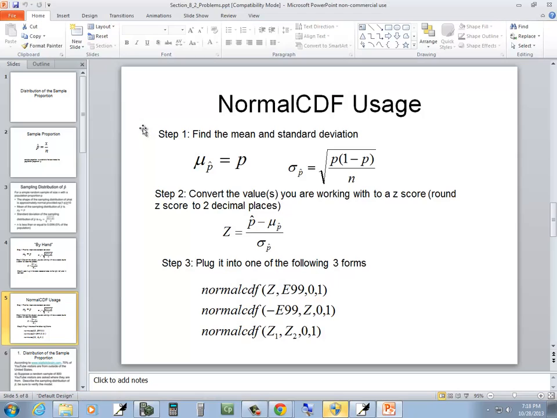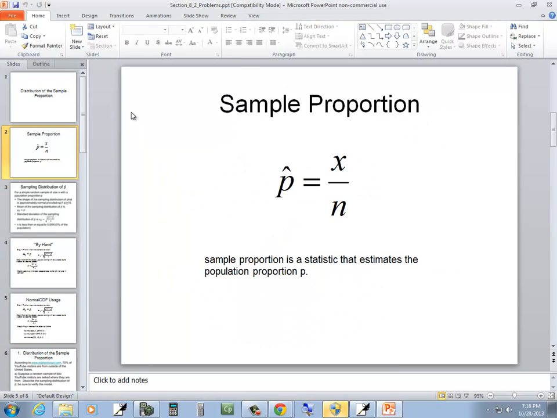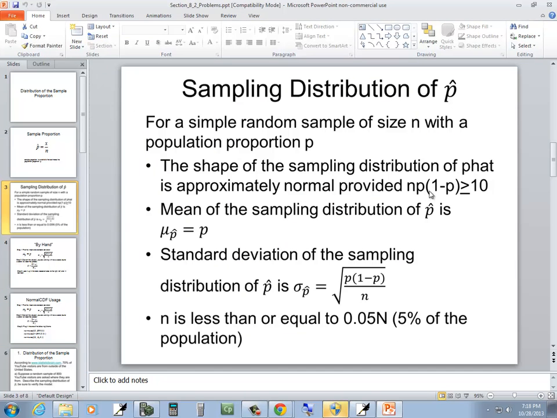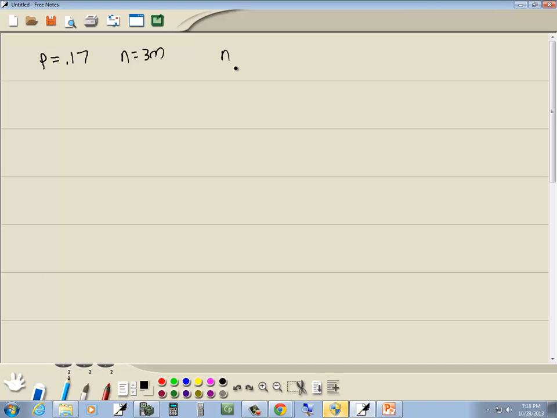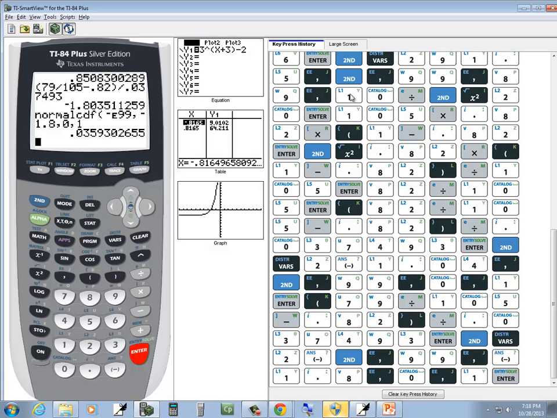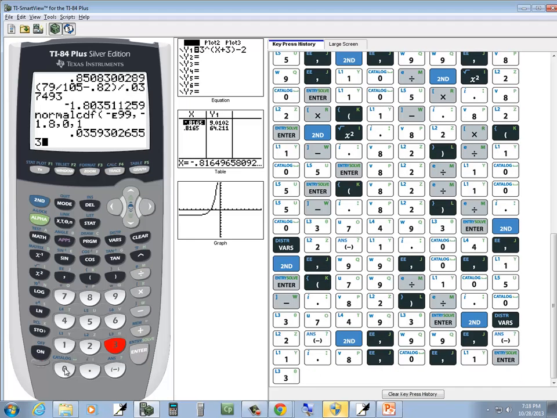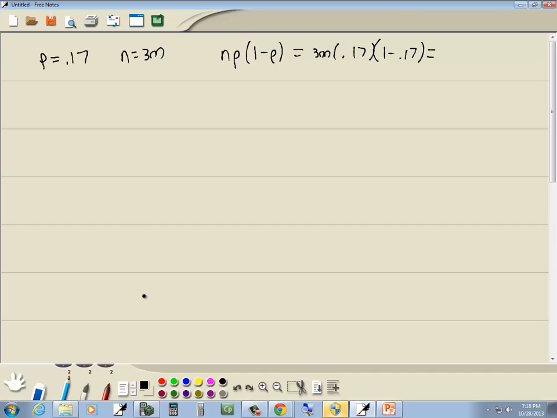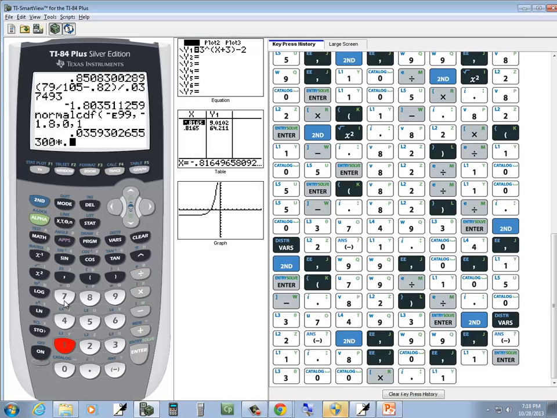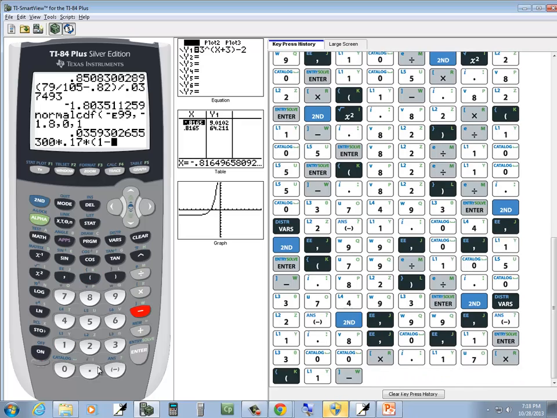Well, let's first verify that it's normal. We want to check n times p times 1 minus p, make sure it's greater than or equal to 10. So we've got 300 times 0.17 times, beginning parentheses, 1 minus 0.17.